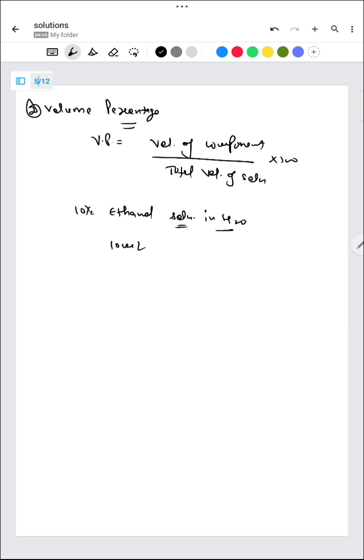It means 10 ml of ethanol dissolved in water such that total volume of solution becomes 100 ml. So similarly, volume percentage will become 10 by 100 into 100 and it will become equal to 10%.